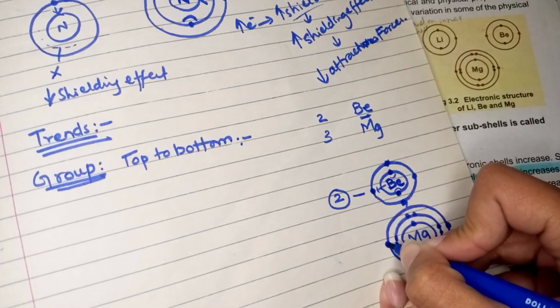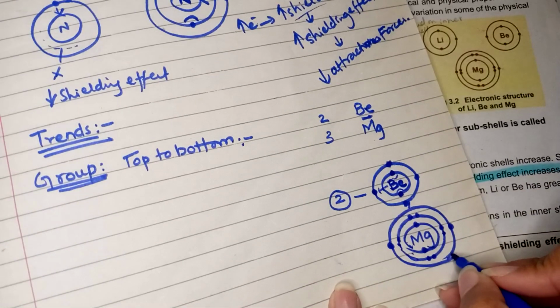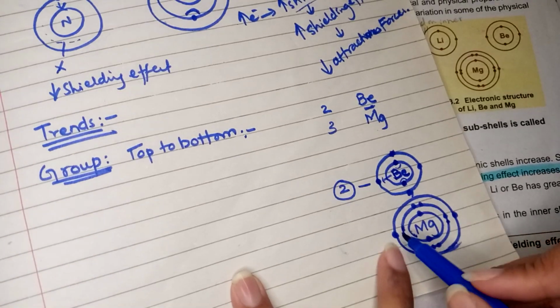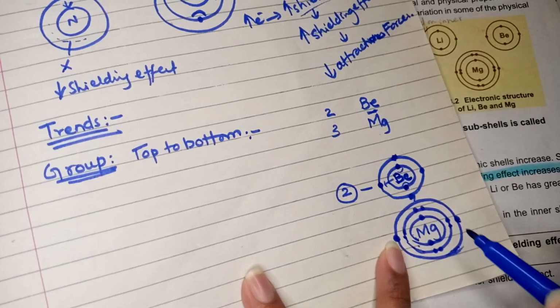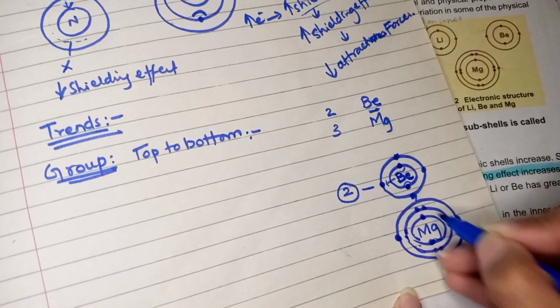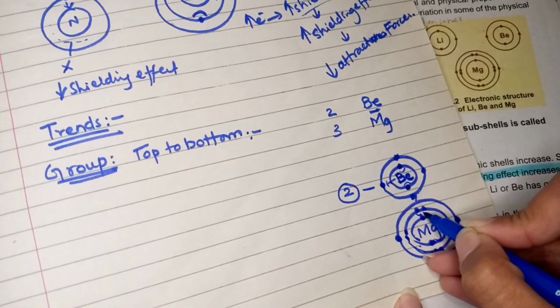Now this is the electronic configuration of magnesium, the electron dot structure of magnesium. In this case, these are the outermost electrons and this is the nucleus, and in between we have 1 2 3 4 5 6 7 8 9 10. We have 10 shields.